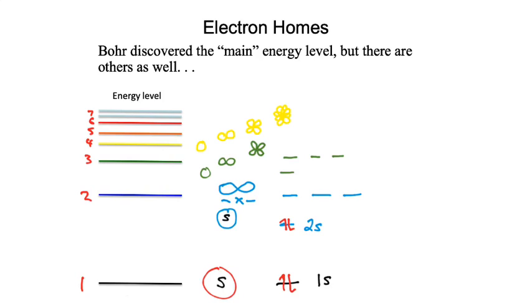Next electron. Where does it go? To the next one up, the 2 that looks like that goofy shape. Again, I want another symbol to represent that goofy shape. What symbol do I use?